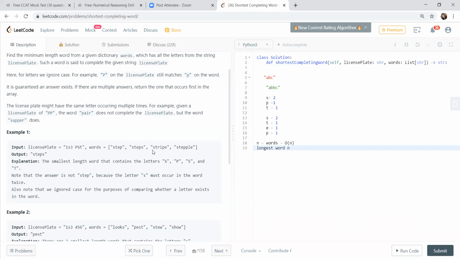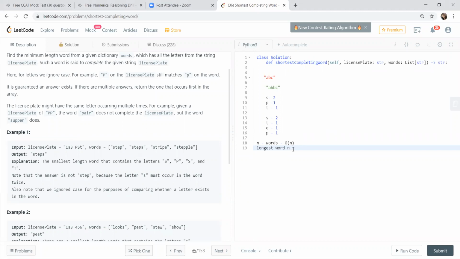But that's a constant. So even if you do that, it should be order of n cross m, where n is the length of the array and m is the length of the longest word.